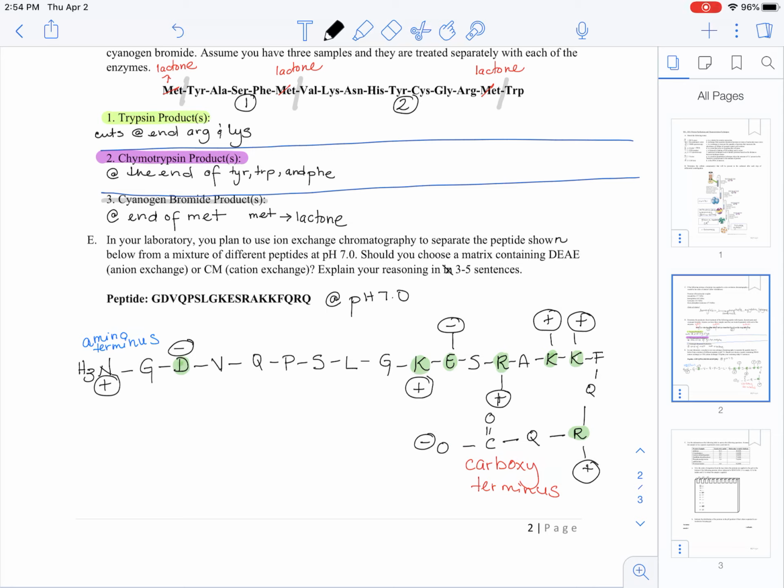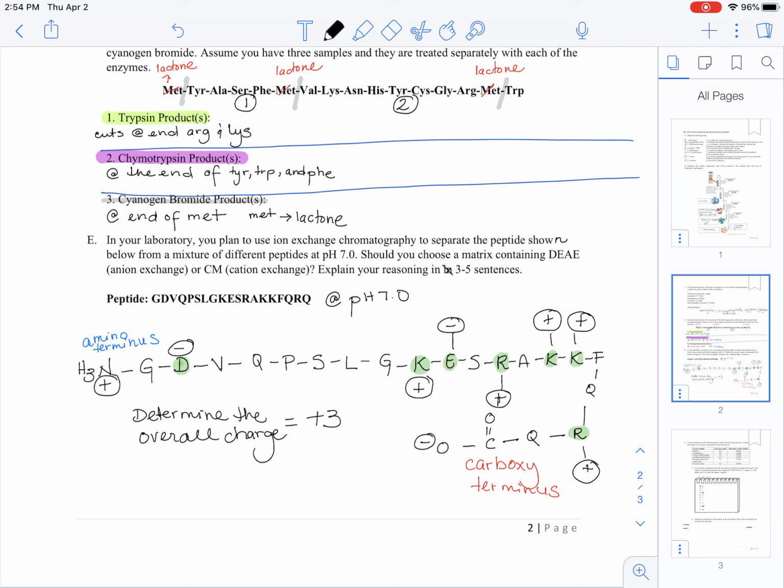So the first thing that you have to do in this problem is determine the overall charge of this peptide. If you add them, the first two charges equal 0, the next two charges equal 0, then we have 3 positives, and the last two charges equal 0, so the overall charge is positive 3.